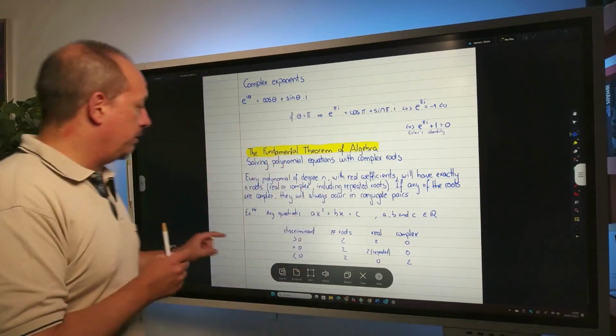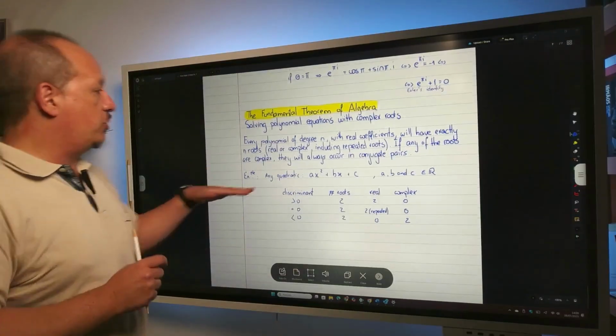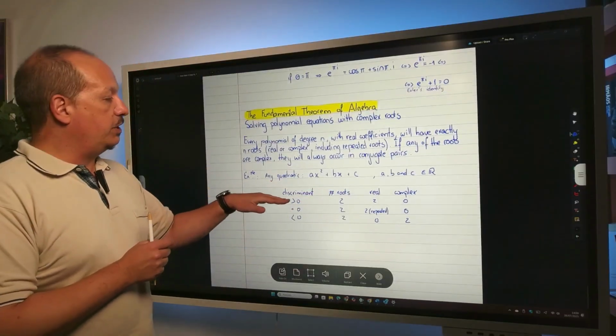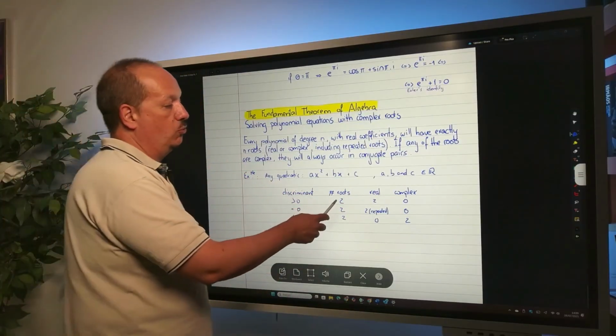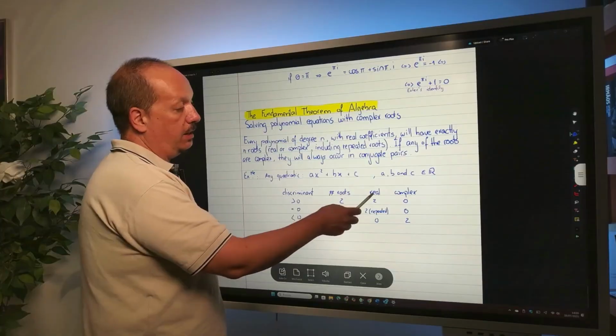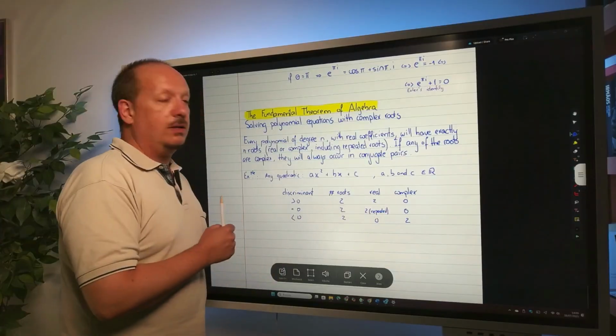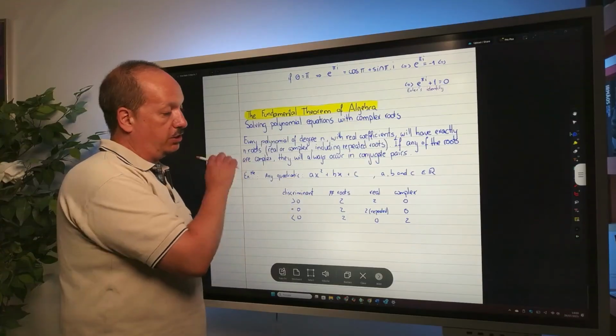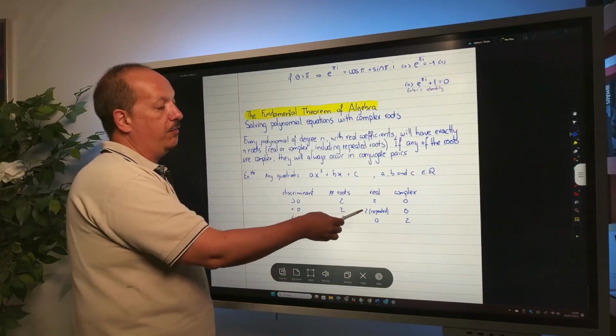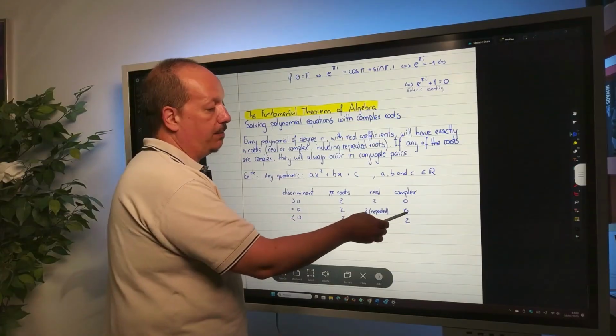Okay, I made here a little summary just for quadratics. So if the discriminant is positive, that's a situation that you know for a long time. You have 2 roots, 2 real, and none of them complex. If the discriminant is equal to 0, I just showed you an example, you have 2 repeated roots, both of them real.